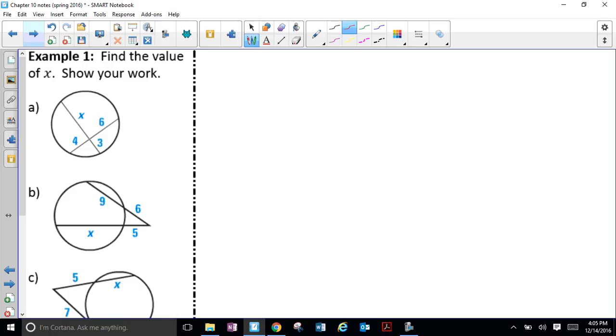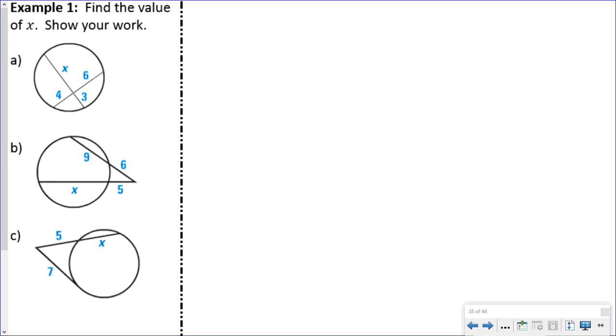Okay, so each of these is showing you how we could use each of those theorems to help us solve for this missing segment piece. Okay, so for example 1, part A, notice it's two chords that are intersecting, so it's the first theorem. So we take each piece of the same chord.